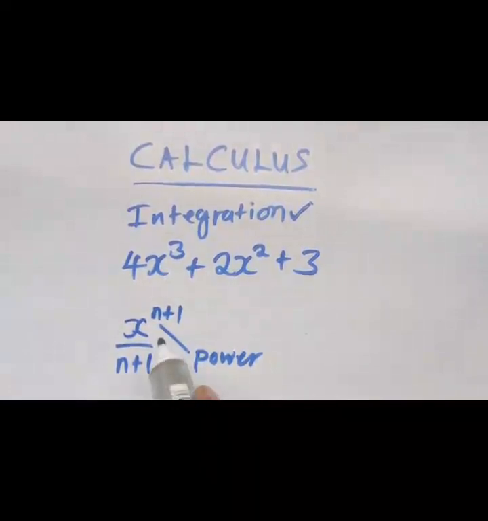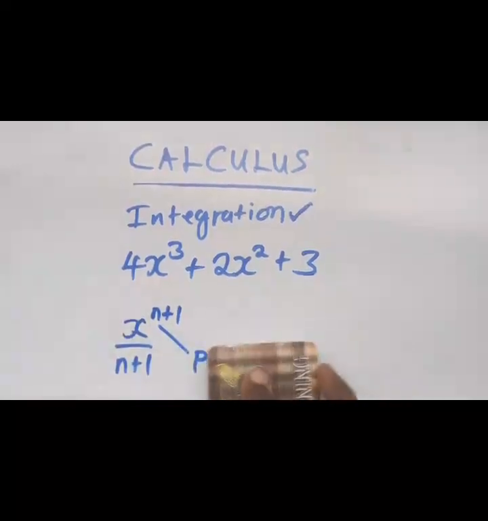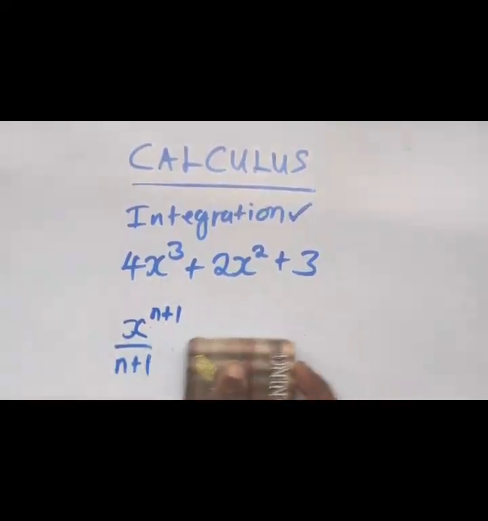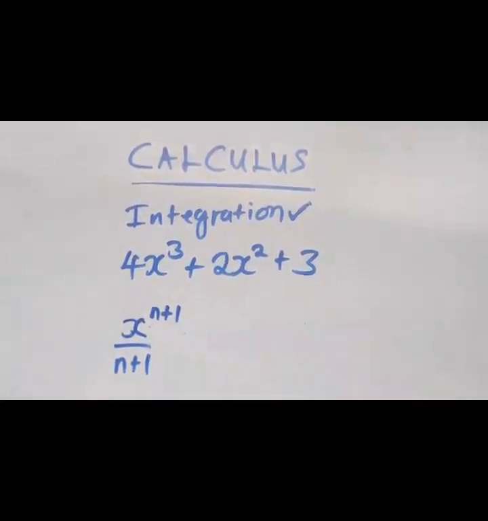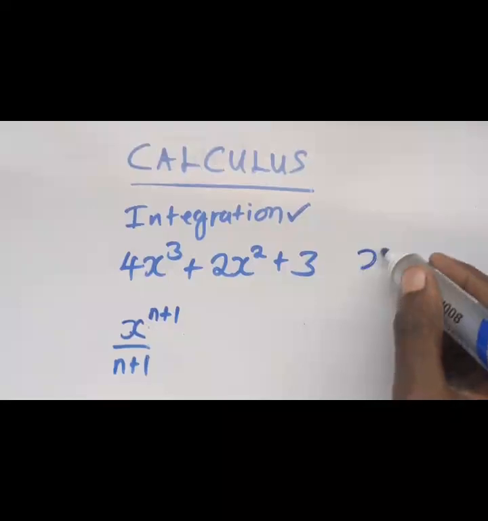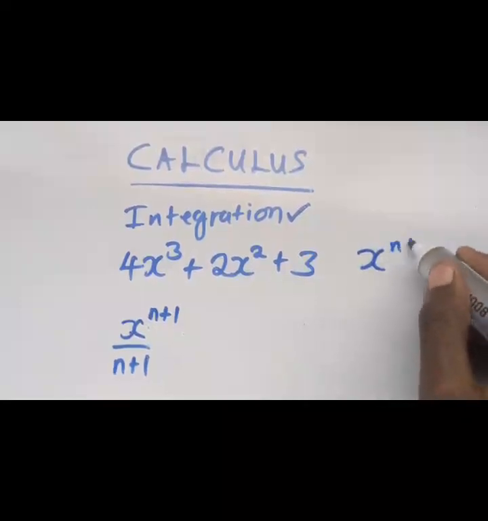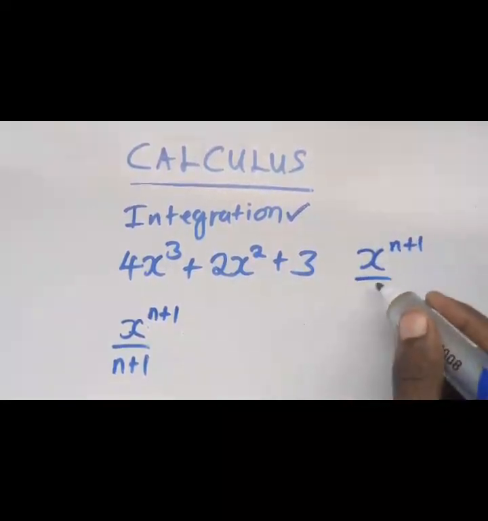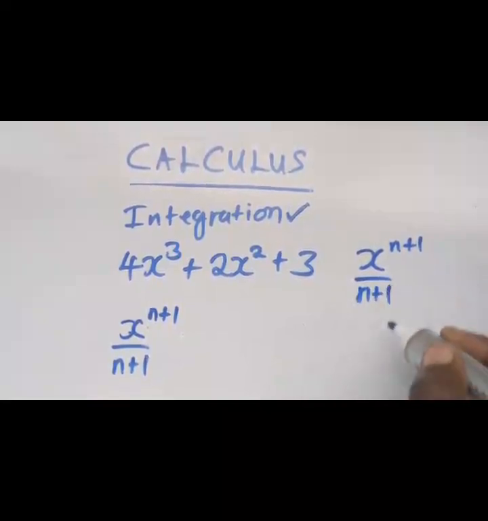We are going to use this same formula to solve this question. There are a lot of questions that you're going to find, and they will be talking about the same thing, but what you need to use is the same formula that I have given you. It is x to the power n plus 1 over n plus 1.